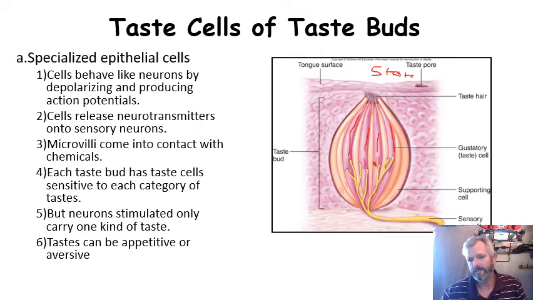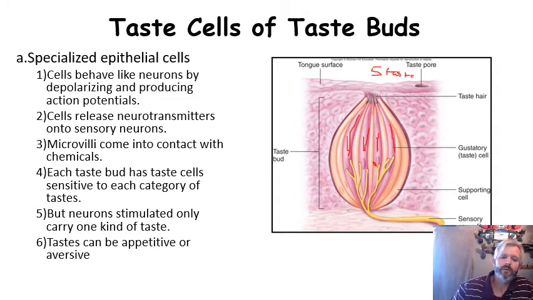Okay, you're not going to have sweet, salty, sour all eliciting a response on the same neuron, because they would all elicit the same area of the brain. So these cells are specific to one taste, and this neuron will only be associated with cells of that certain taste.